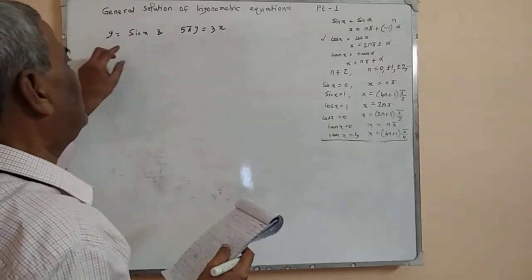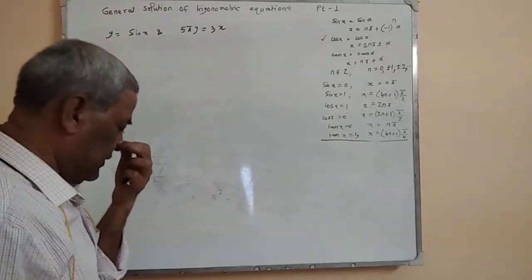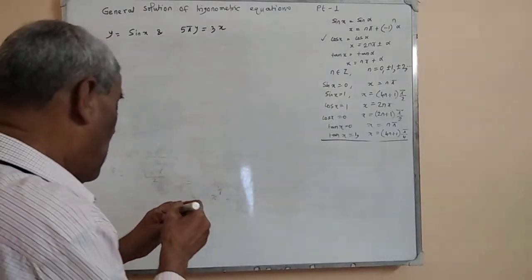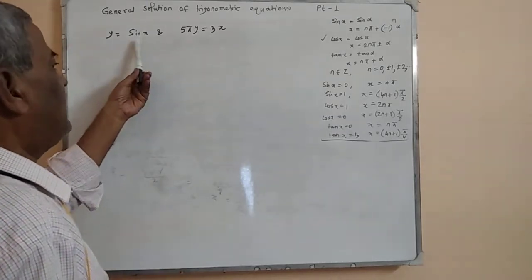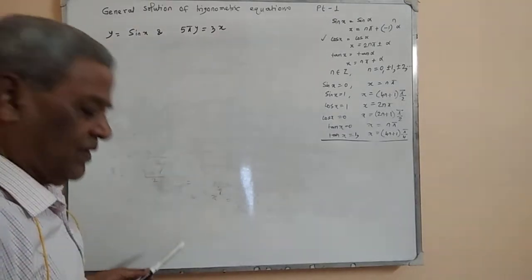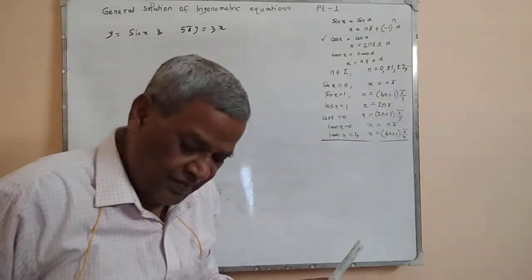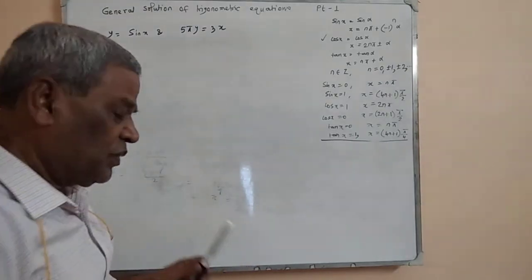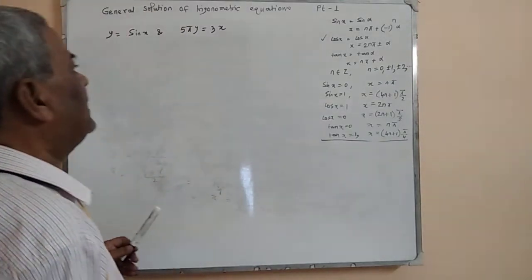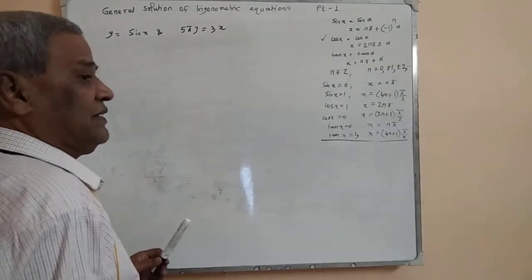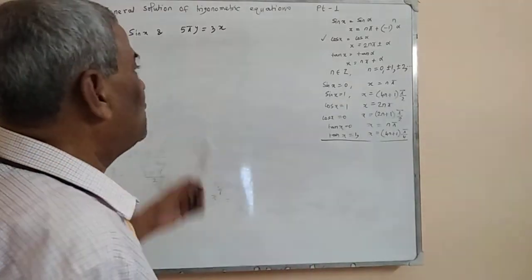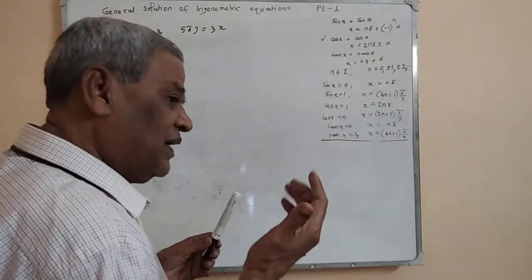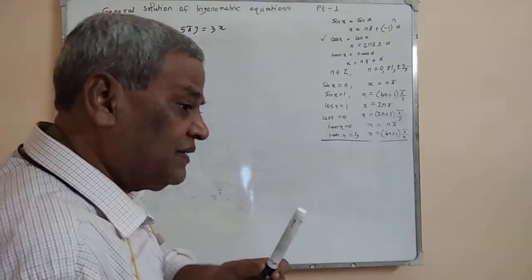Both equations are in terms of x and y. One function is trigonometric and the other is purely algebraic. And this type of equation can be solved by drawing it. From the graph, we can calculate how many solutions there are and what they are.